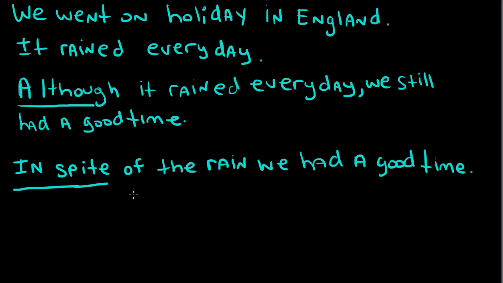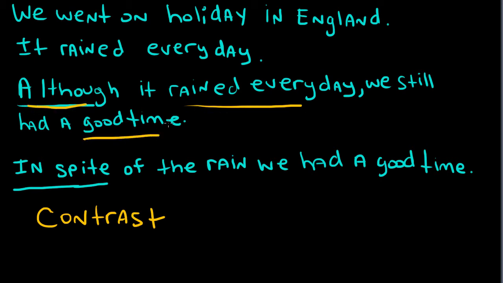So we use although and in spite of when we want to give ideas about contrast. Because as you can see, raining every day doesn't sound like much fun, but there's a contrast. Although it rained every day, we still had a good time.